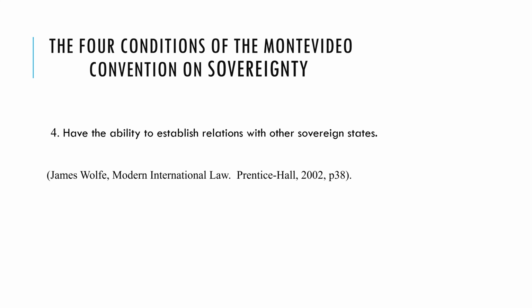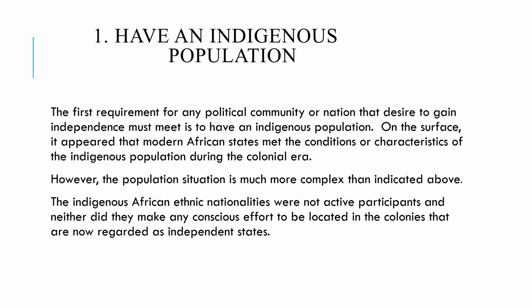Now, let's look at the first condition, that is, have an indigenous population. The first requirement for any political community or nation that desire to gain independence must meet is to have an indigenous population. On the surface, it appears that modern African states met the conditions or characteristics of the indigenous population requirement during the colonial era.